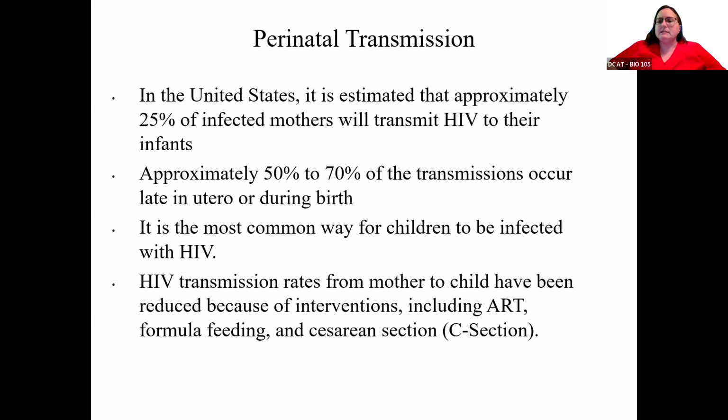That way the baby is not passing through the mama's birth canal. You're going to formula feed, right? Because you don't want to give them the infected breast milk. Also, you're going to take your ART treatment during pregnancy. So remember, ART stands for antiretroviral therapy.